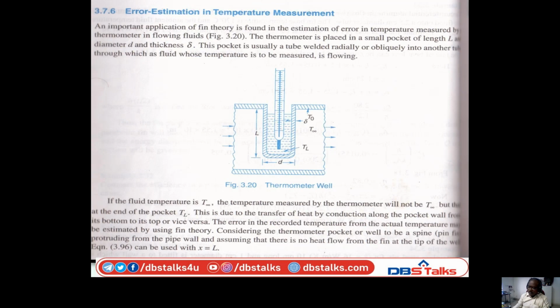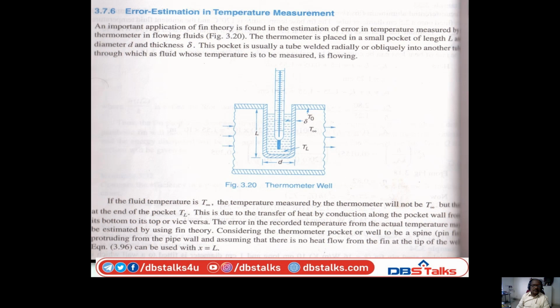There is another concept: error estimation in temperature measurement. Whatever the fin is, whether a long fin, insulated fin or a short fin, there is a temperature distribution. With the help of this temperature distribution concept, we can find the error estimation in temperature measurement.